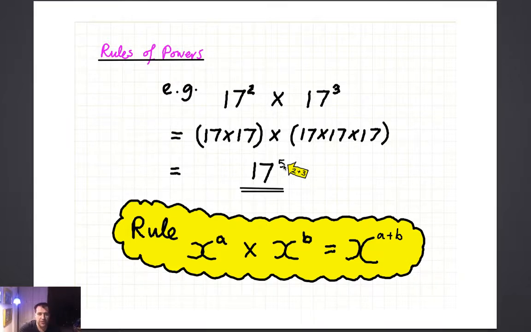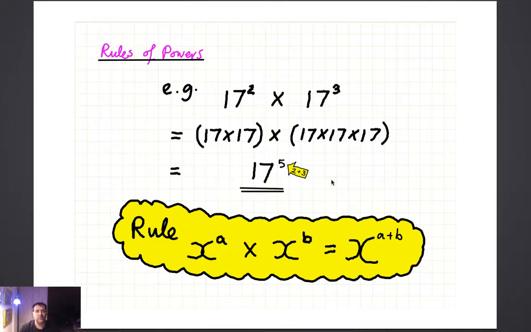Now you'll notice that 5 is 2 plus 3, and it's 2 plus 3 because we had two 17s multiplied together, and we multiplied them with 3 17s multiplied together. So we got the 5 from 2 plus 3. So that gives us a general rule.